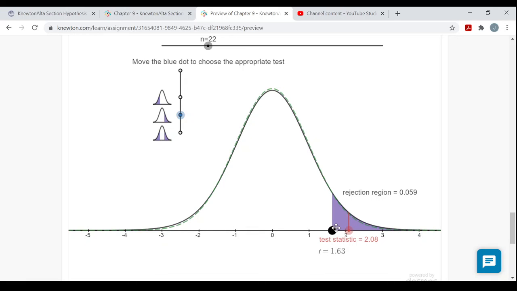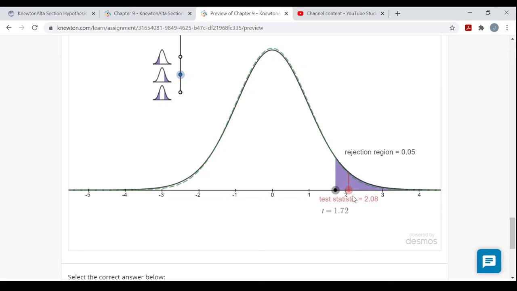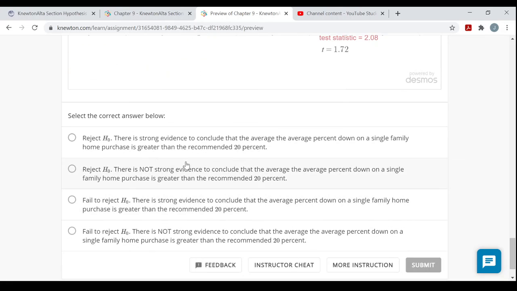And then it's obvious, hopefully, that, oh, there it was. Maybe if I zoom in, it'll be easier. Oh, there we go. Okay. And you can very clearly see that, again, the test statistic is in the rejection region. All right, so again, down here, reject the null hypothesis. So now it's one of these two.